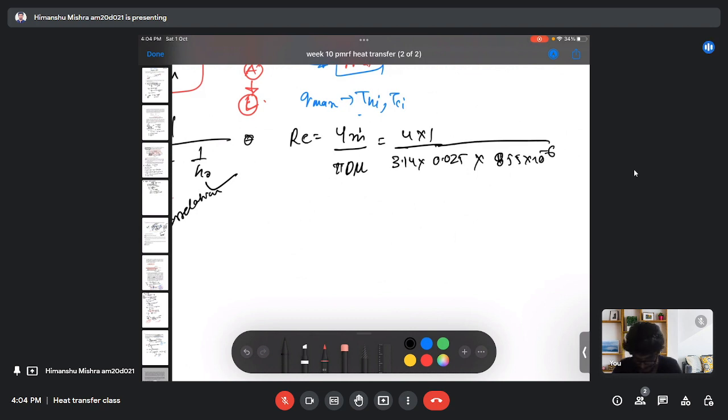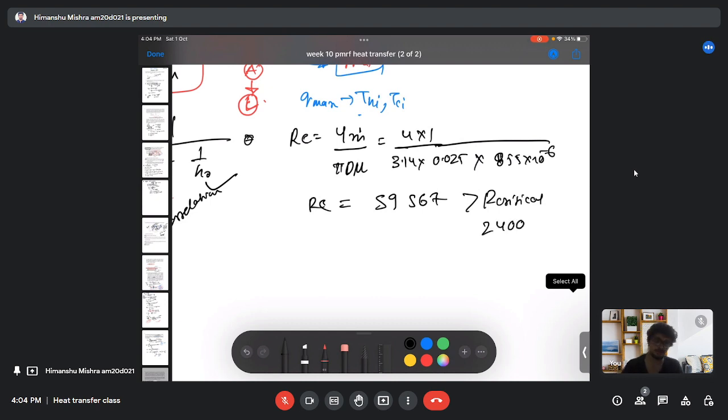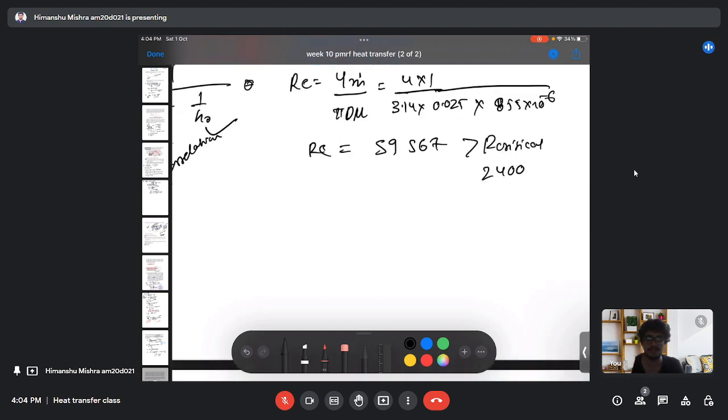This is my Reynolds number, and on calculating, my Reynolds number is 59,561, which is obviously more than the critical Reynolds number. For a tube, my critical Reynolds number is around 2400. So that means my flow is turbulent in nature.